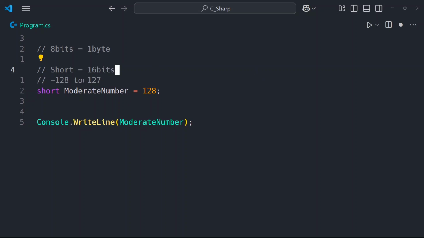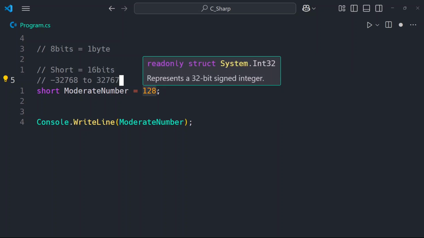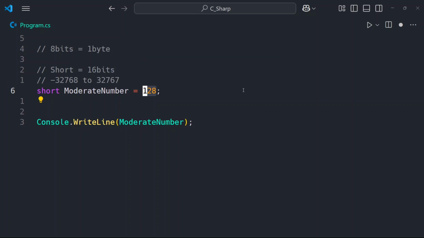And it can hold between negative 32,768 all the way to positive 32,767. Don't memorize any of this. Okay, just don't memorize any of it. You should only use it in low level protocols or memory sensitive arrays.